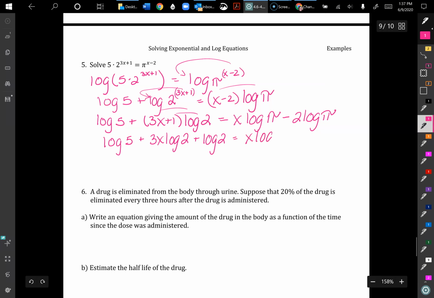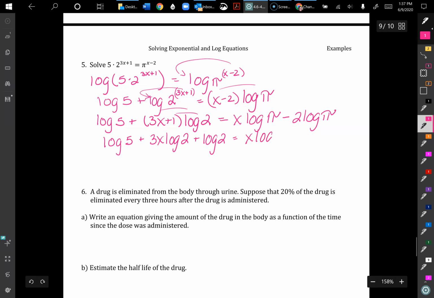So now I need to collect my x stuff to one side and just my kind of plain log stuff to the other side. Right, so I'm going to write this as 3x log 2 minus x log pi.